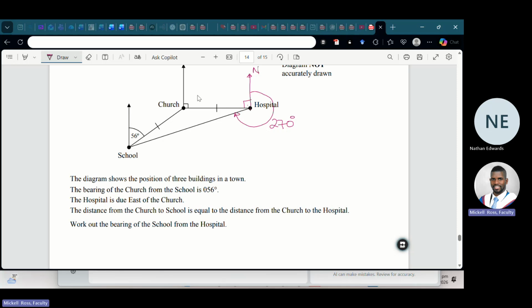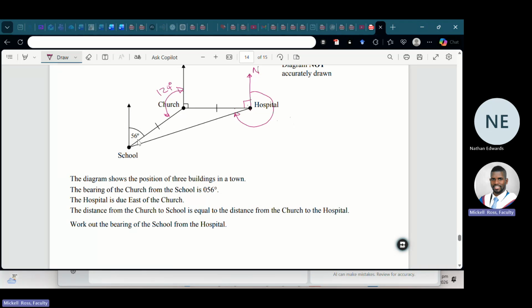Wait, oh no, it doesn't come back all the way around to that line. When I drew it a while ago, I think in my mind I drew it right back around to this line. Sorry about that. All right, so let us see what we're working with. Now, if this is 56, then this angle right here is going to be 124.